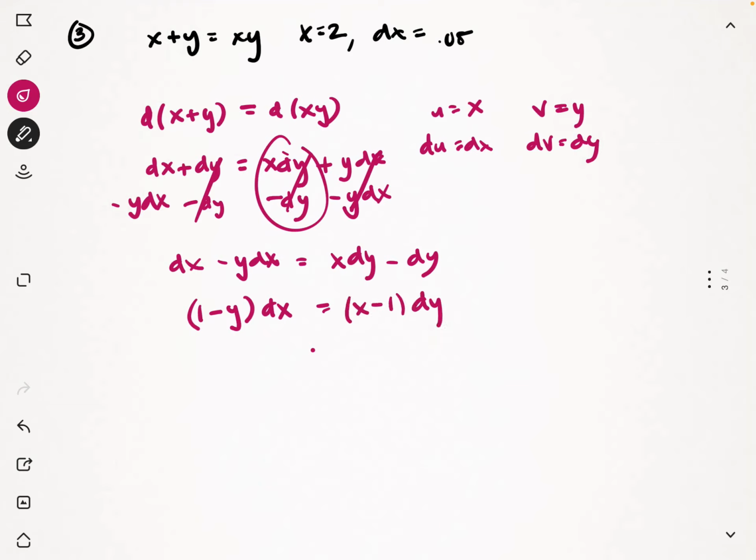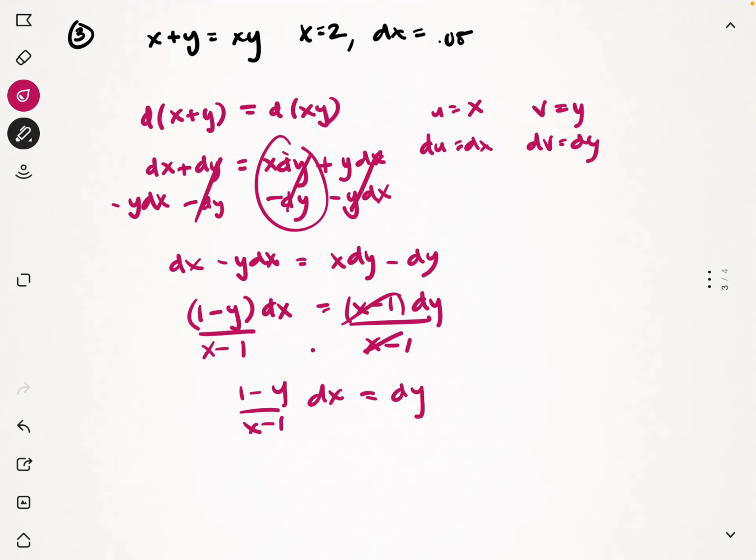Right? And if we're solving it for dy, we just have to divide by x minus 1. So then we get 1 minus y over x minus 1 dx equals dy.